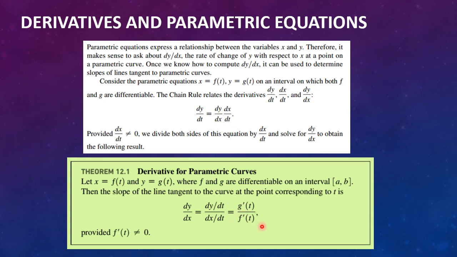So if we can figure out those two parametric equations, take their derivatives, and then divide them, g prime of t divided by f prime of t, the y derivative divided by the x derivative, provided that f prime doesn't equal 0.